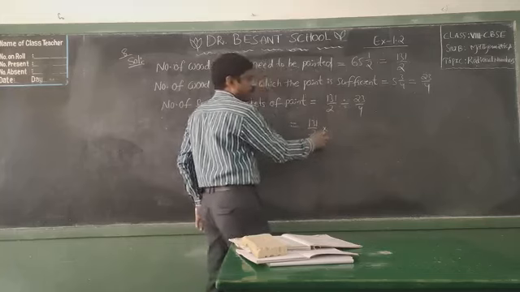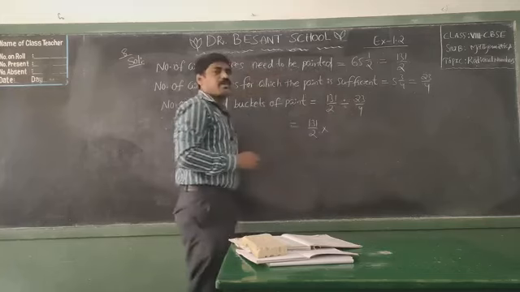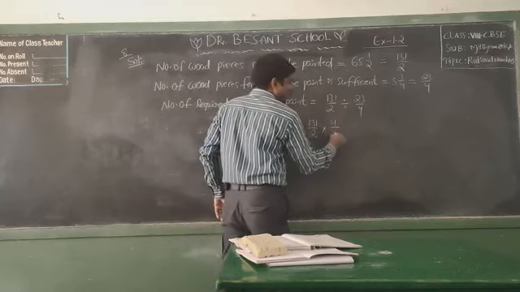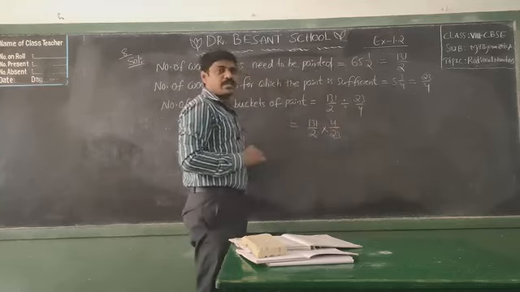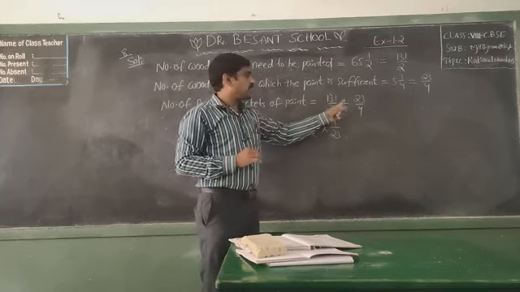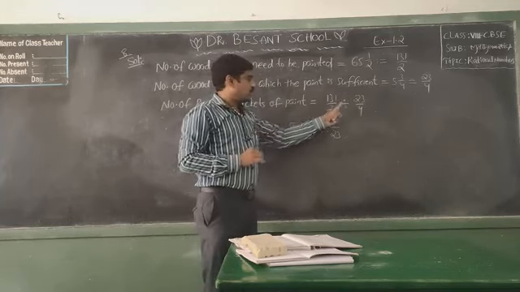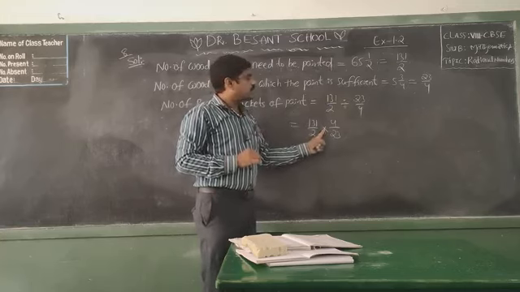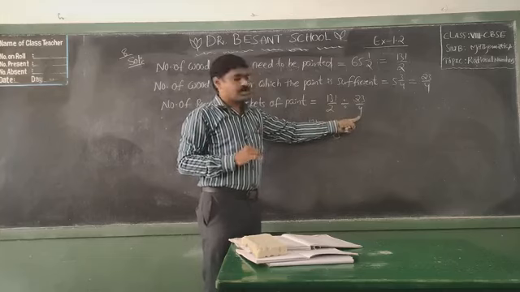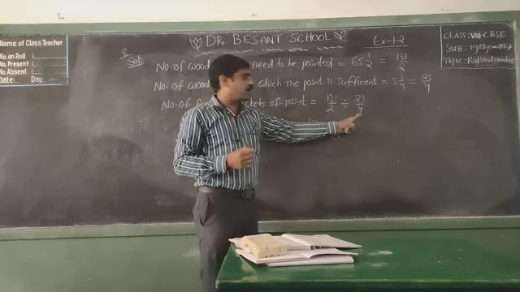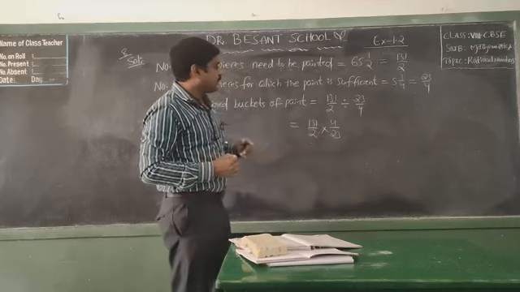For the fraction 23/4, the reciprocal we have to write, that means 4/23. Why? Because this division, we are writing here as multiplication. So that's why the right hand side fraction, we have to write its reciprocal, that means 4/23.